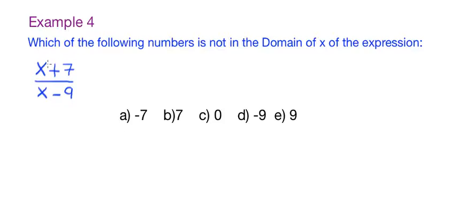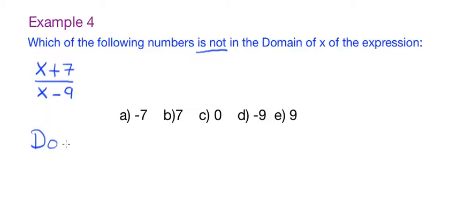Suppose they say, which of the following numbers is not in the domain of x of the expression x plus 7 over x minus 9. Notice that this is saying which of the following numbers is not, this is very important, this part, look, is not in the domain of x of the expression x plus 7 divided by x minus 9.